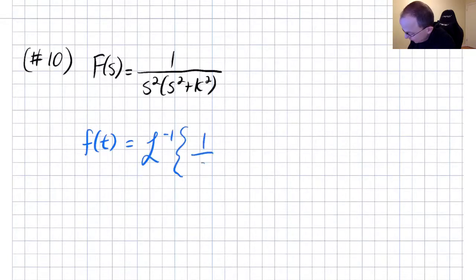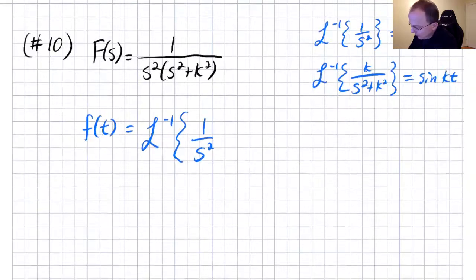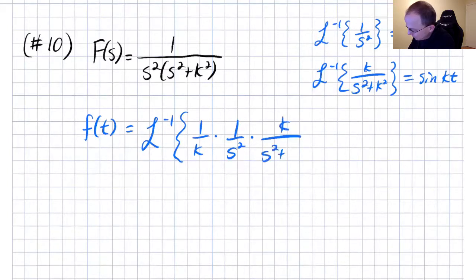It's going to be 1 over s squared, whose inverse Laplace transform is t, and then also, don't forget this, k over s squared plus k squared, whose inverse is sine kt. So this will be 1 over k times 1 over s squared times k over s squared plus k squared.